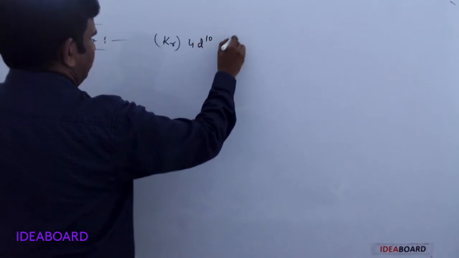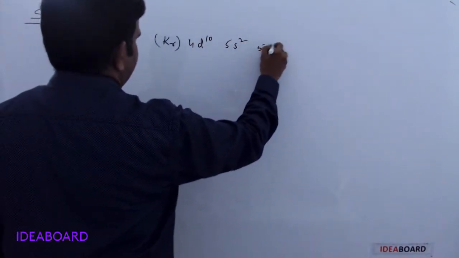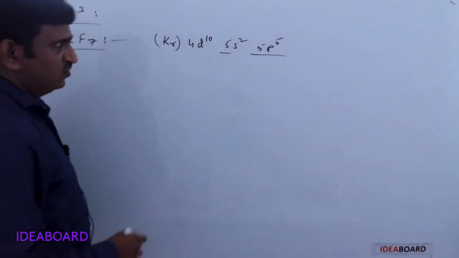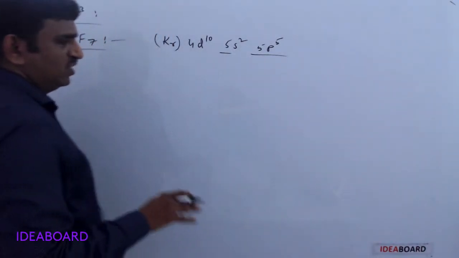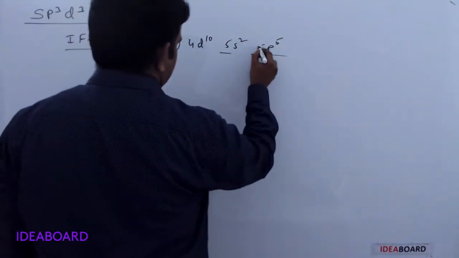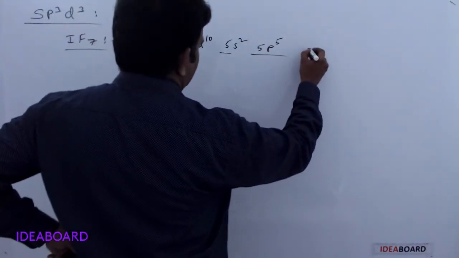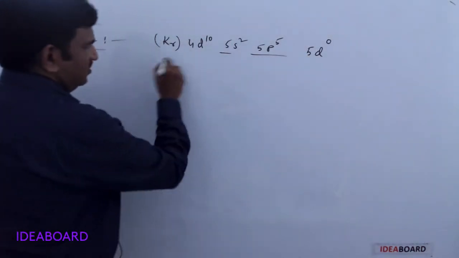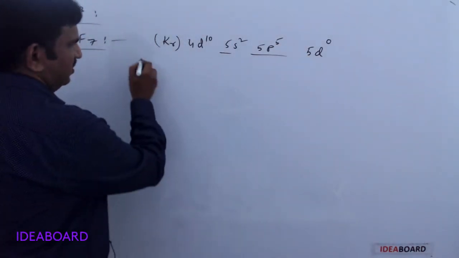4d10 5s2 5p5, this is actually the valence shell. The remaining shells, no need to remember; only the valence shell is involved in the hybridization process. 5s2, 5p5, and 5d is also vacant. This is the ground state configuration.